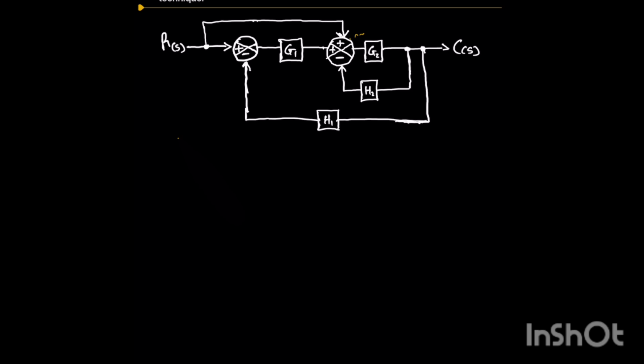So the first step, step one, we say splitting the summing point. So look at how we'll do it now. We have a row of x. So we have this.